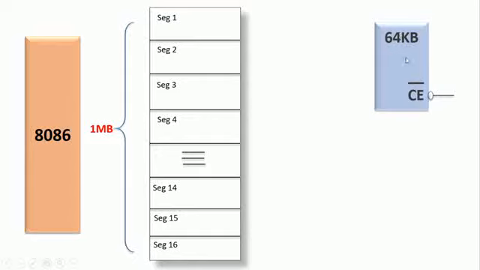As we know, during the explanation of the memory concept, we have two types of memories, ROM as well as RAM. A ROM device has two control signals: one is the chip enable signal and the other is the output enable signal. RAM has three control signals: write enable, output enable, and chip enable.